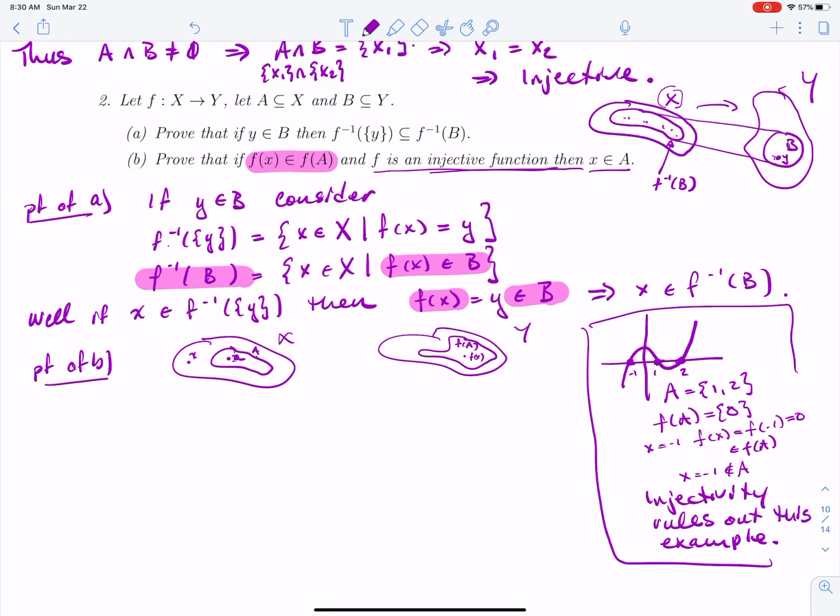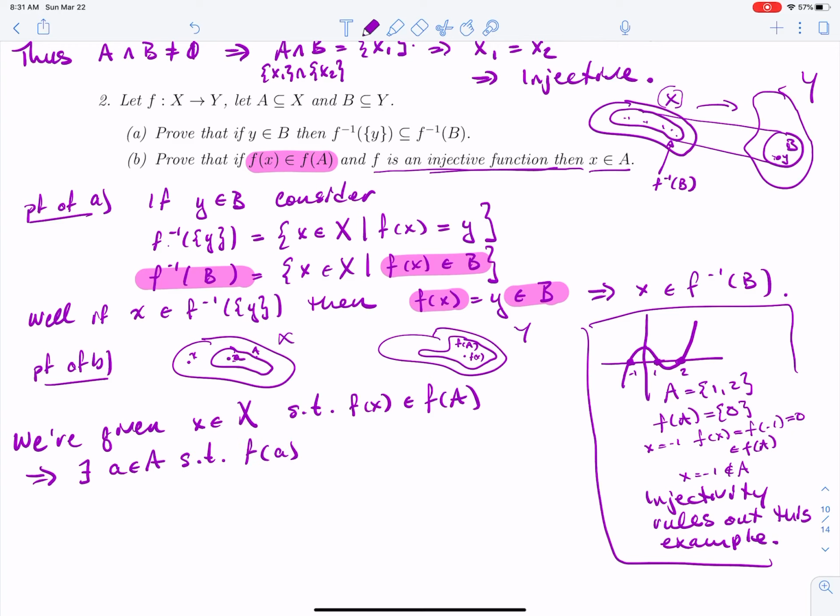Okay, so we're going to start with an x in X, so we're given x contained in capital X such that little f of x is in f of A. And all that means is that there exists a little a contained in big A such that f of little a is equal to f of x.